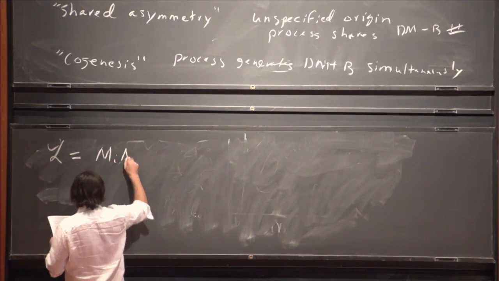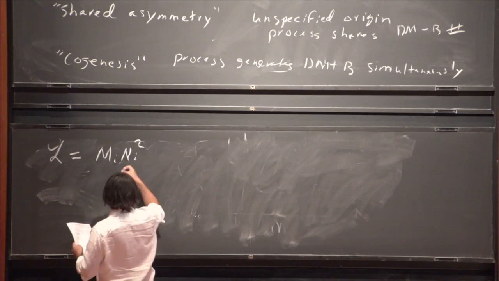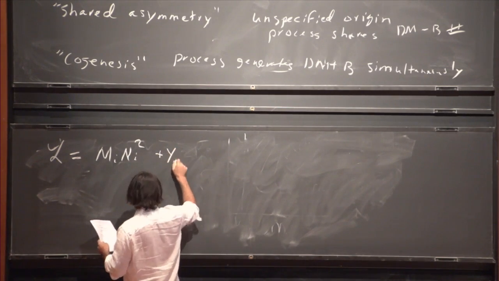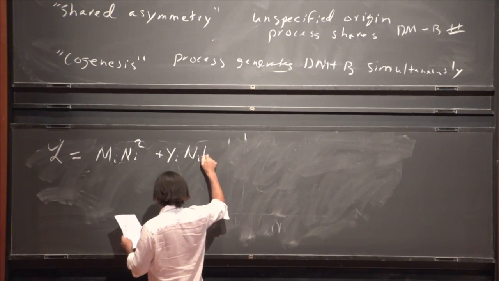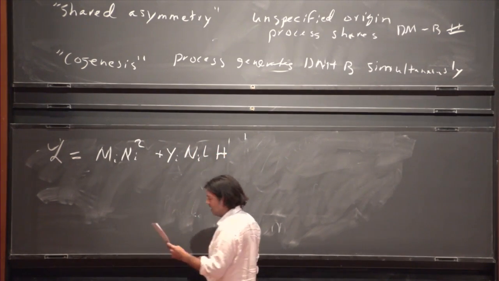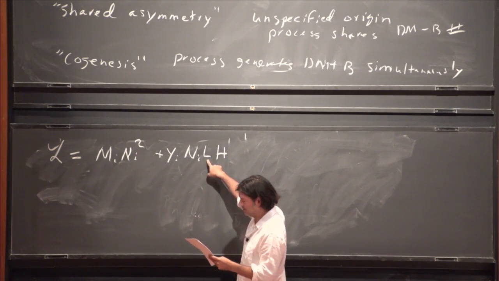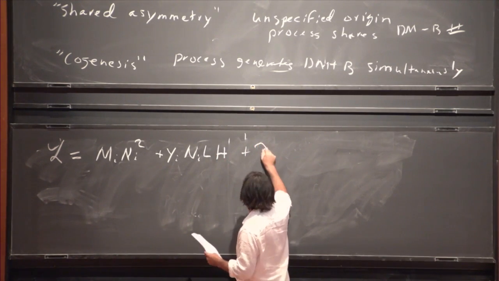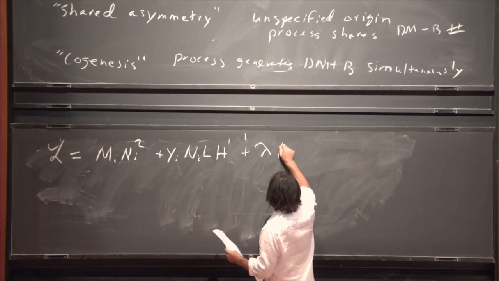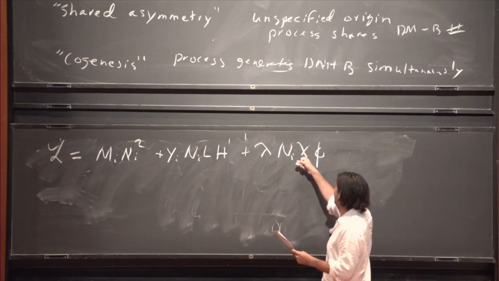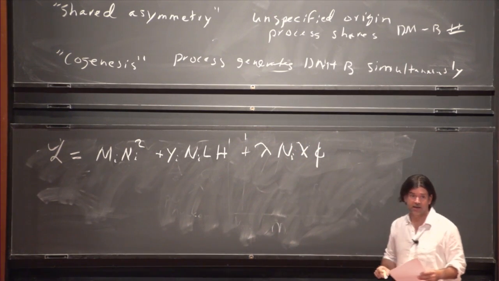is one that uses the neutrinos. So you imagine that you have a bunch of right-handed neutrinos. So this model looks a lot like leptogenesis. And they have interactions with the standard model Higgs and the standard model leptons. And then there's some additional interaction between that and some dark matter and some dark Higgs.